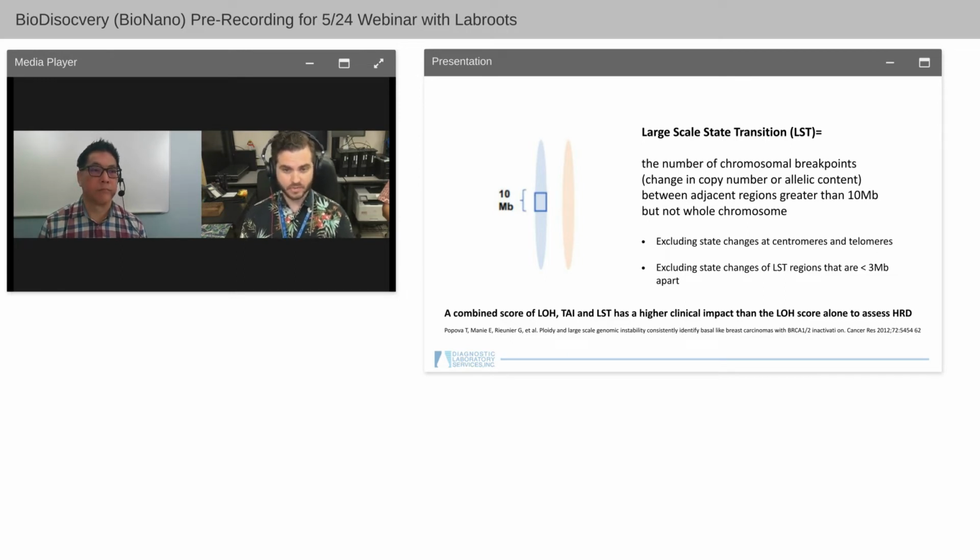And then lastly, we do want to make sure that when LSTs are close together, such as when there's a microsection between 2 state changes, there needs to be at least 3 megabases of genetic material in a similar state in order to count really close breakpoints together.